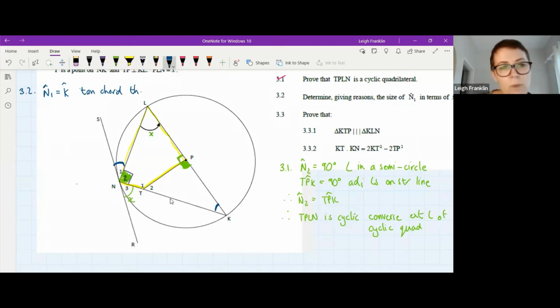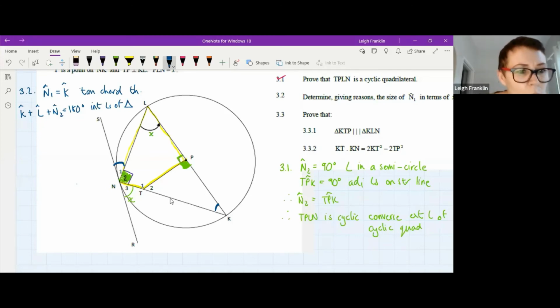Okay, then we looked in triangle KLN, and we can see that if we add K to L to N2, we will end up with 180 degrees, because they are the interior angles of a triangle, and we know that they sum up to 180.